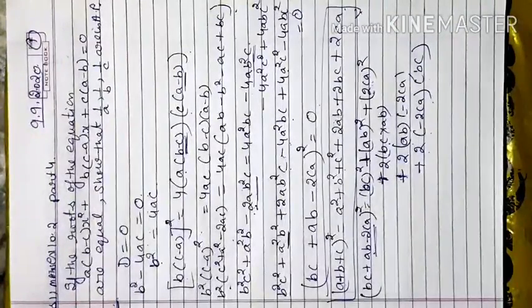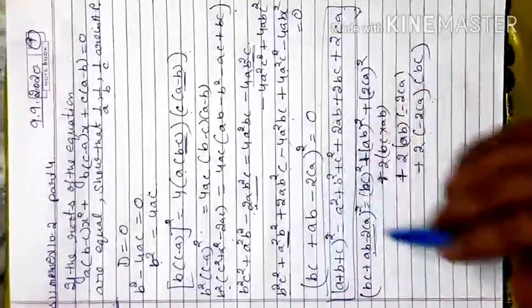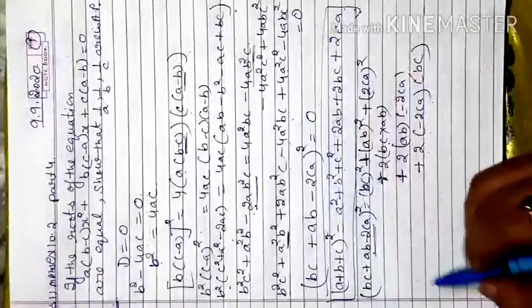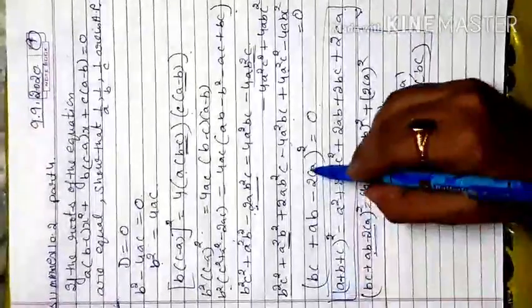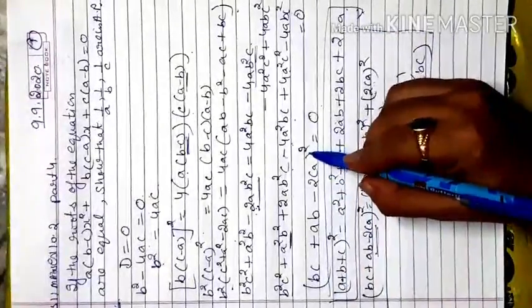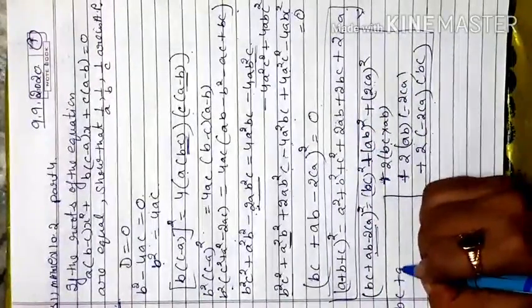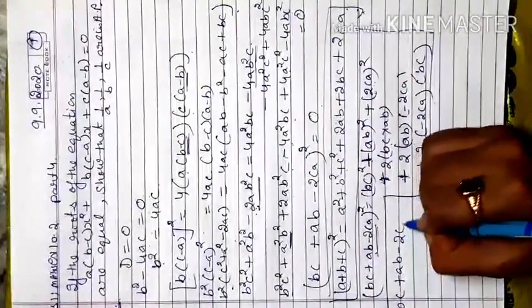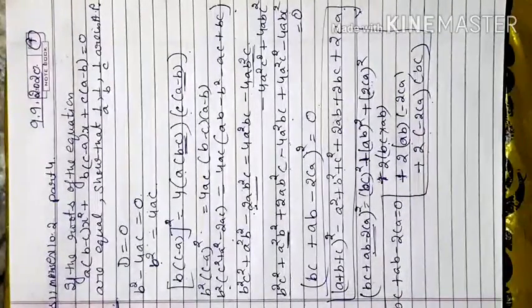If you open this way, you will get the same formula, so I write in this way, squaring form. Now if I take square root on both sides, this is your formula portion only. So if I just solve this one square with square root, only bc plus ab minus 2ca is left, equal to 0.